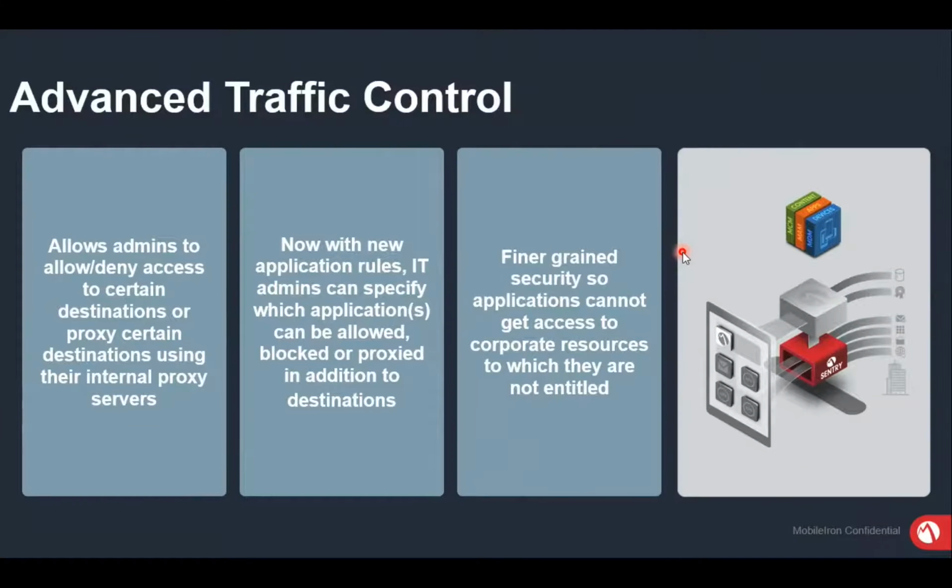And the IT admin has granular control over which user can have access to the tunnel, which application needs to be given a tunnel, and each application can have a different tunnel to connect to different backend resources.